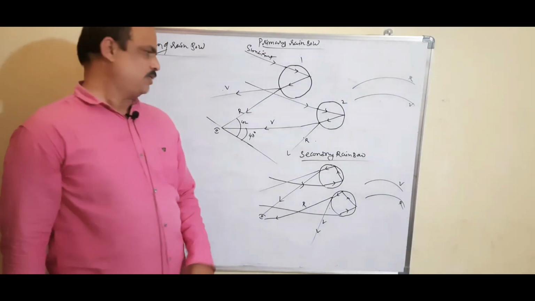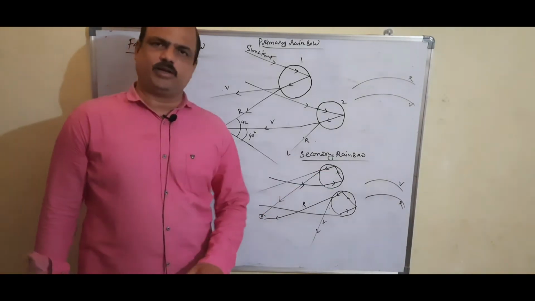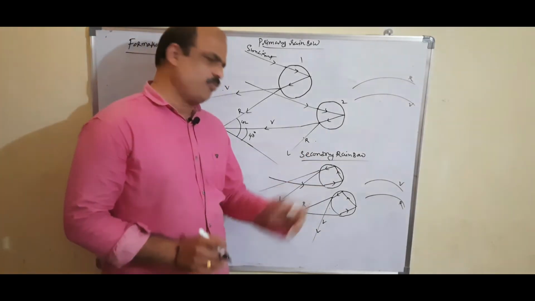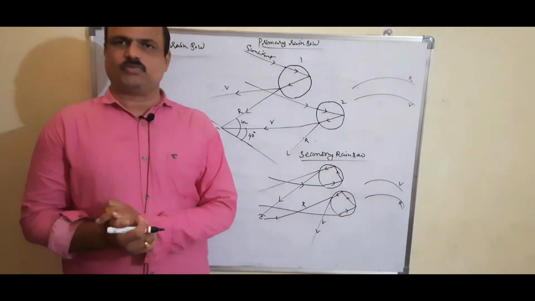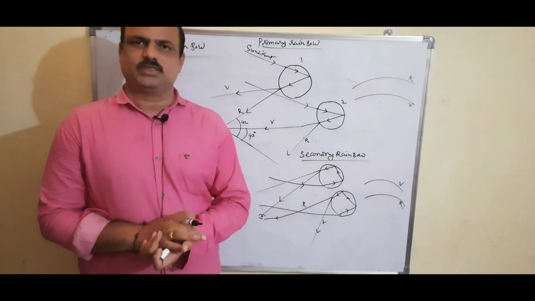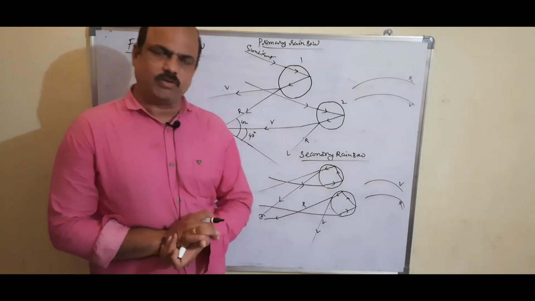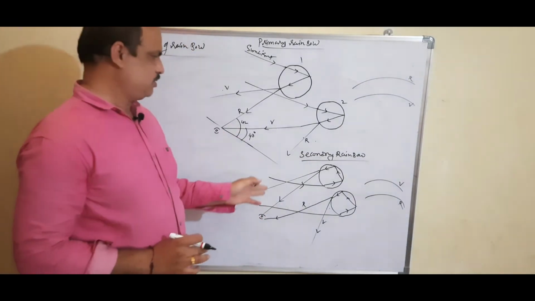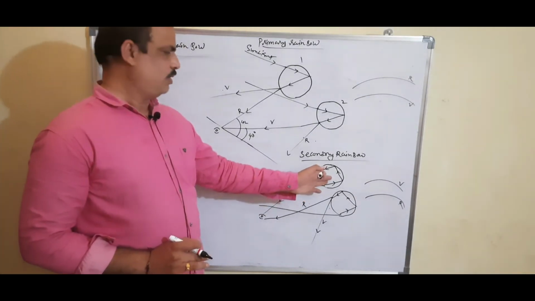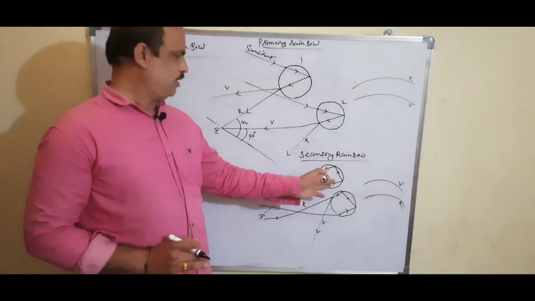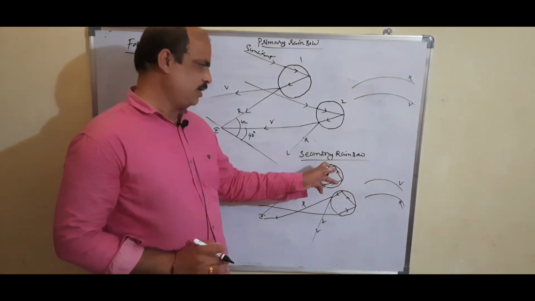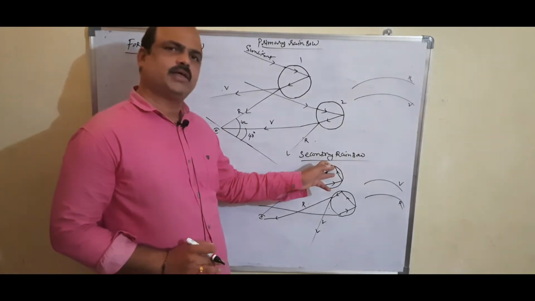Sometimes another rainbow is formed, that is secondary rainbow. Two rainbows are formed. Here secondary rainbow is a 4-step process. 2 refractions and 2 reflections take place in the secondary rainbow. Here the incoming sunlight rays enter into the drop and are internally reflected, and they strike the other end of the drop at greater than the critical angle.